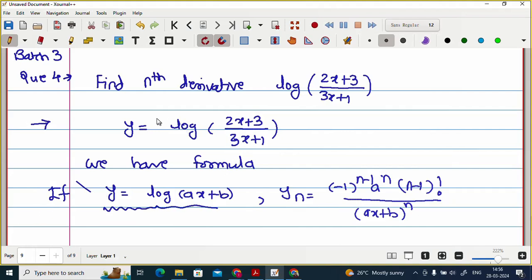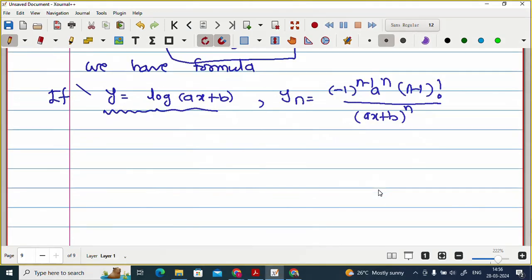This is not a log of ax plus b, it is log of 2x plus 3 upon 3x plus 1. So to use that, we have to first of all convert this given y in this format, so that we can use the formula. So it is one step again.